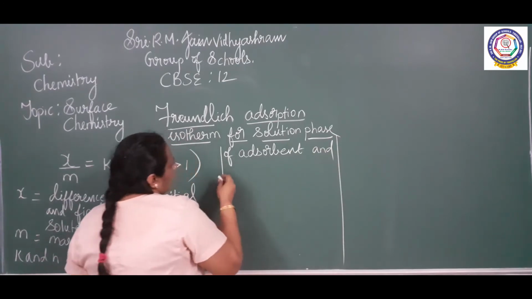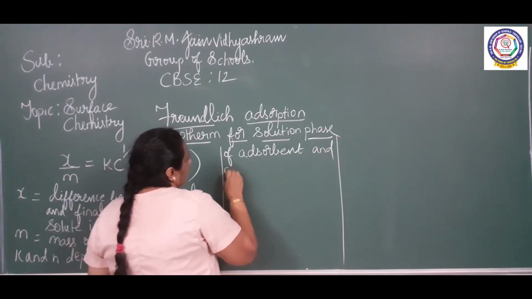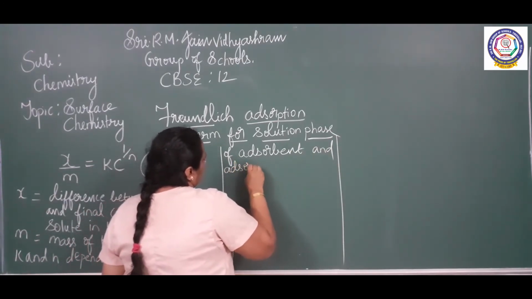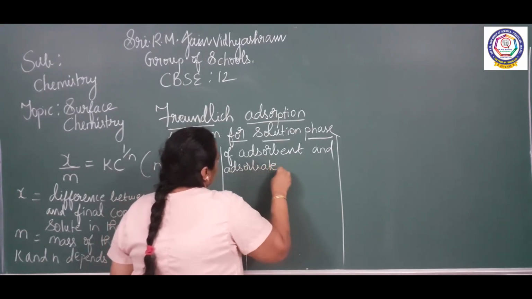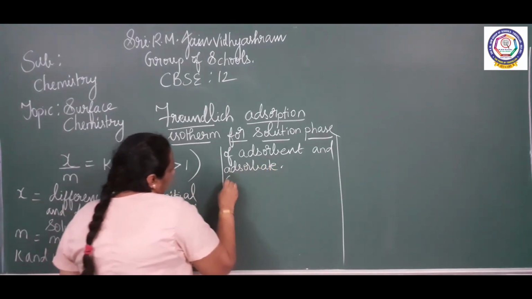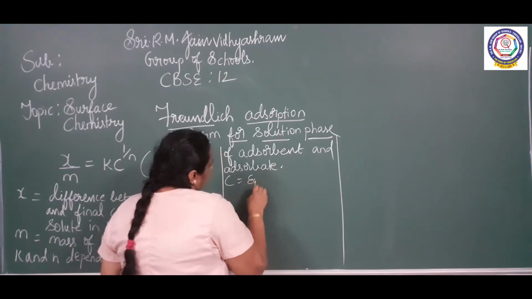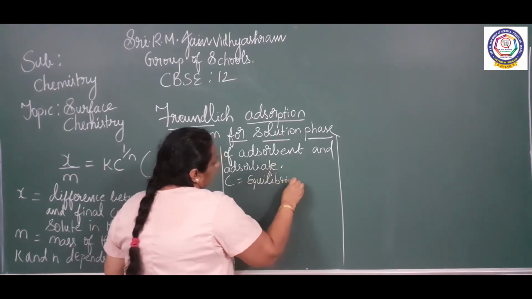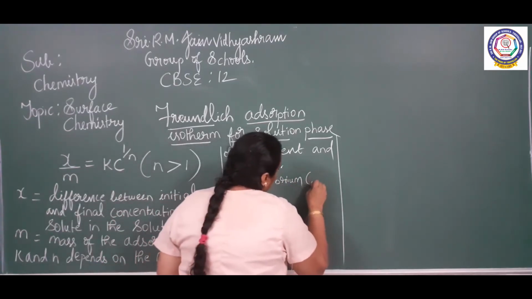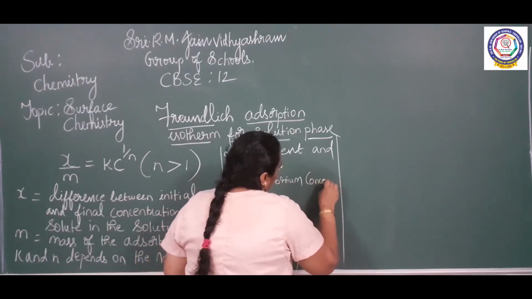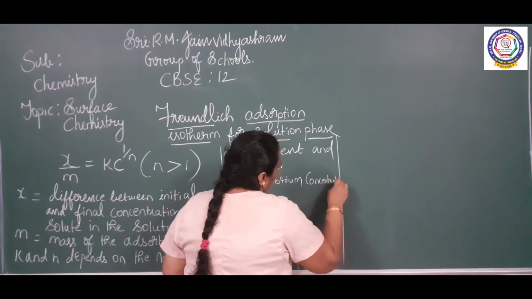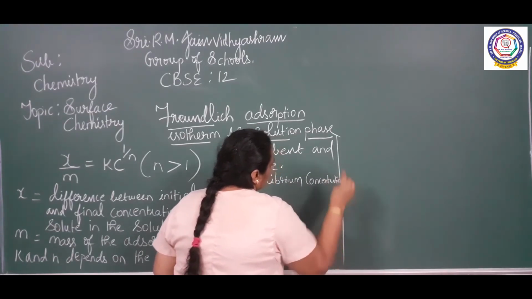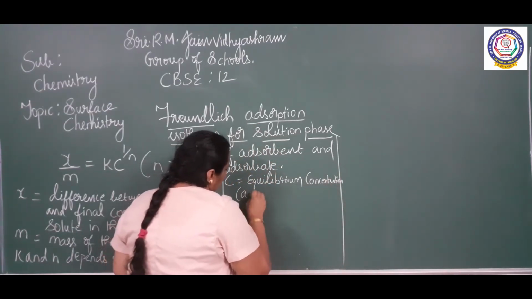So, k and n values depend on the nature of adsorbent and adsorbate. What is C here actually? Equilibrium concentration, where adsorption is complete.